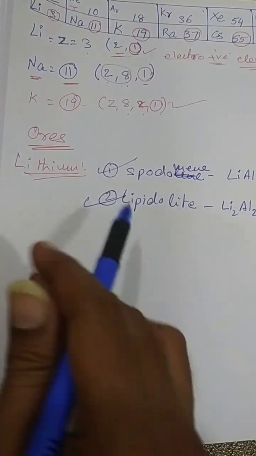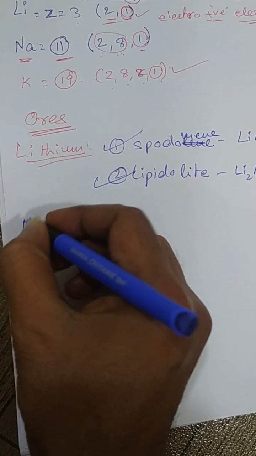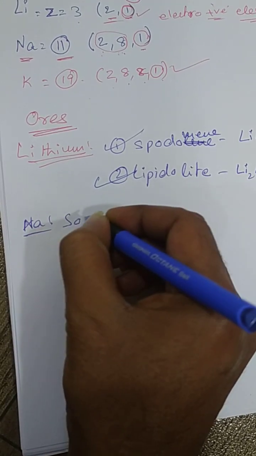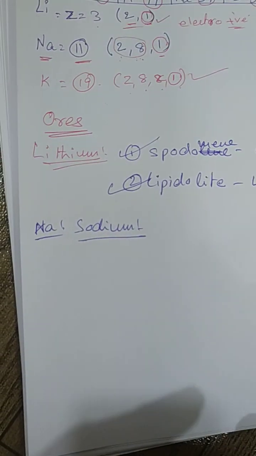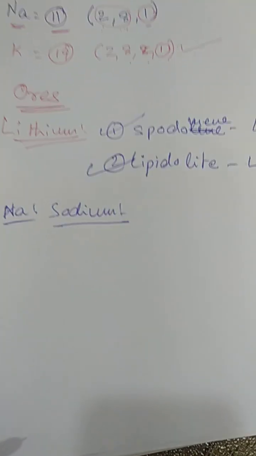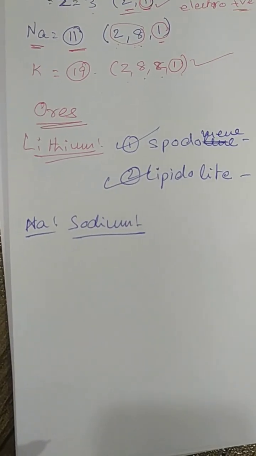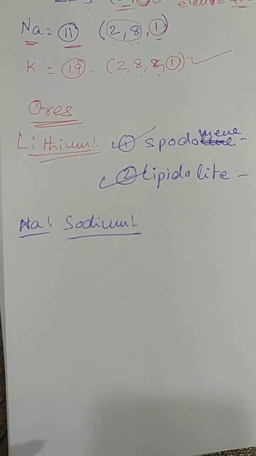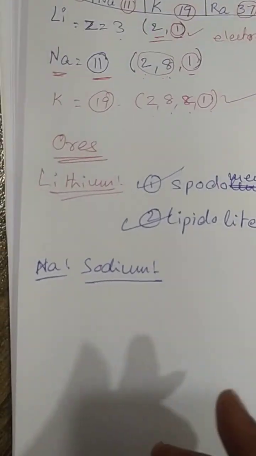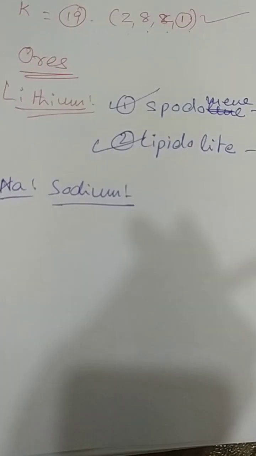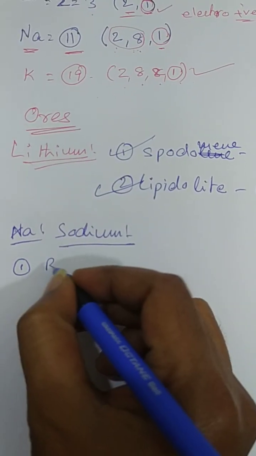Now the sodium ores. Sodium ores are borax, which is also called Tincal, Trona, Chile saltpeter, and mirabilite. I would like to write it here. Borax is called Tincal.